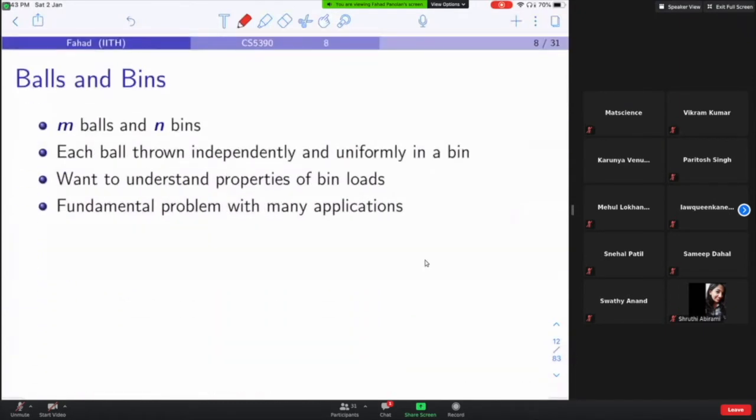So there are m balls and n bins, and each ball is thrown independently and uniformly into a bin, which means that each ball gets into the first bin with probability 1 by n, and similarly for all other bins. I want to understand properties of the loads each bin will have, and this has many applications.